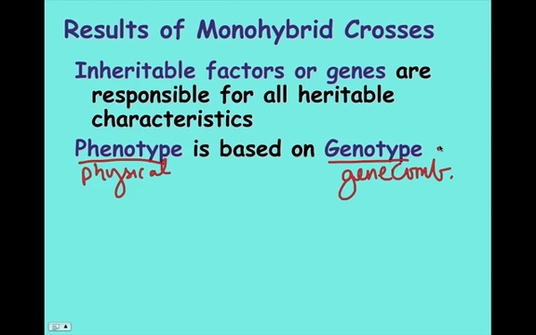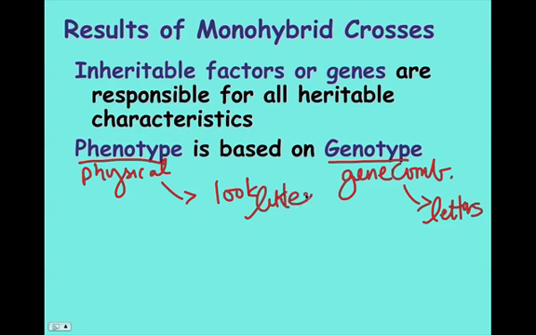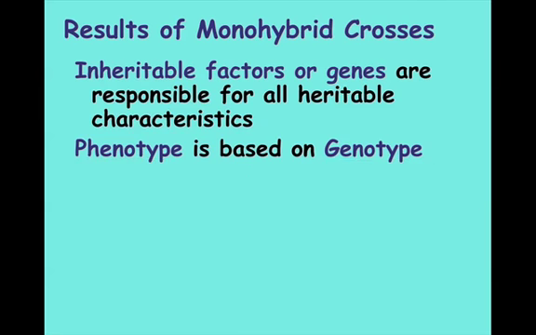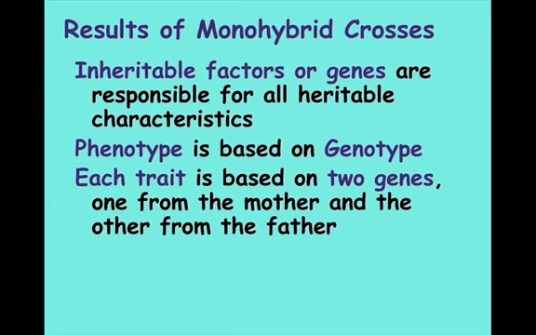So the gene combination are the letters that we're putting together, and the physical features are what it looks like. Each trait is based on two genes. So once again, each trait is based on two genes. One comes from the mother, and the other comes from the father.